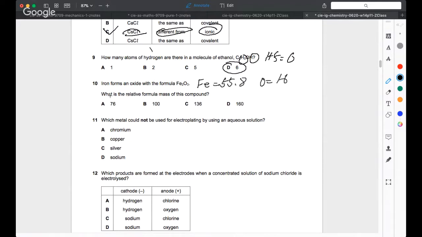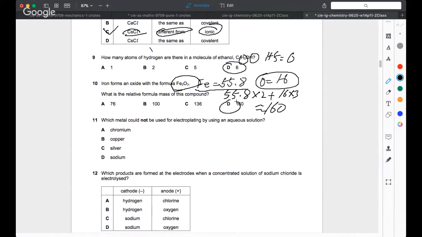So number 10, if you look up the periodic table, you can find the mass. The mass number for iron is 55.8 and for oxygen is 16. And the relative formula mass of that is then 55.8 times 2 plus 16 times 3, which is approximately equal to 160.